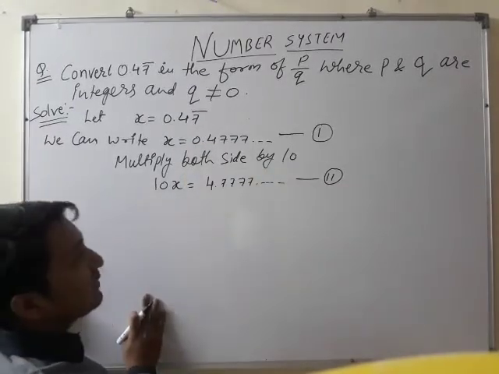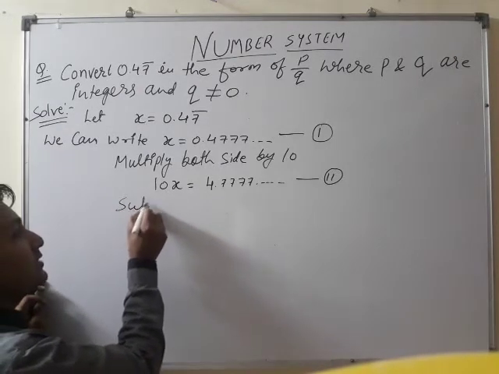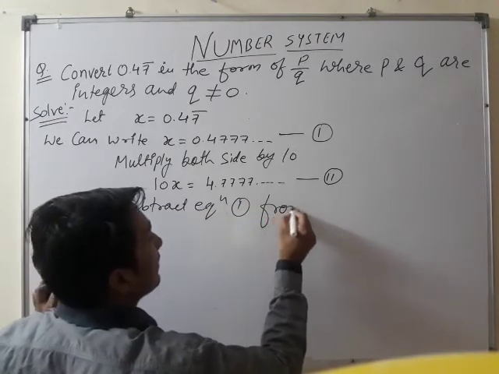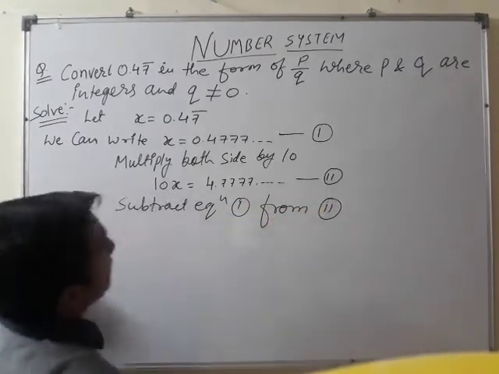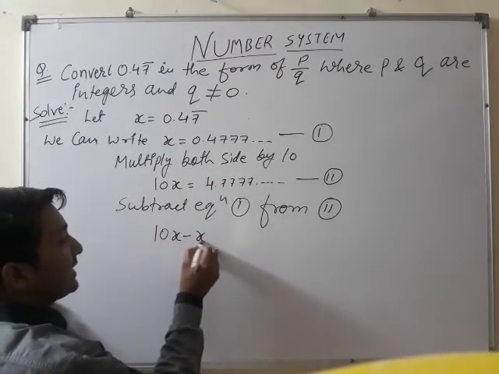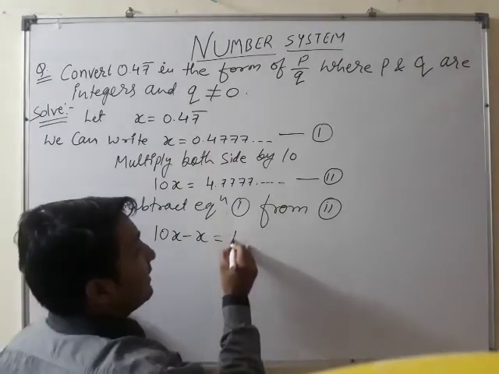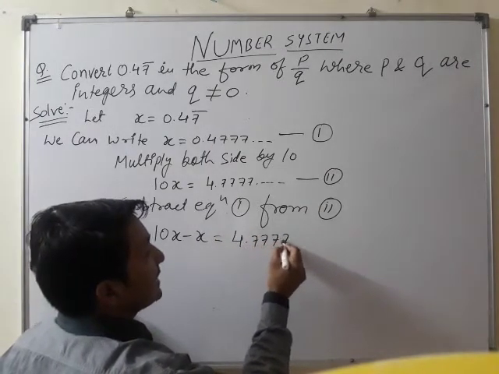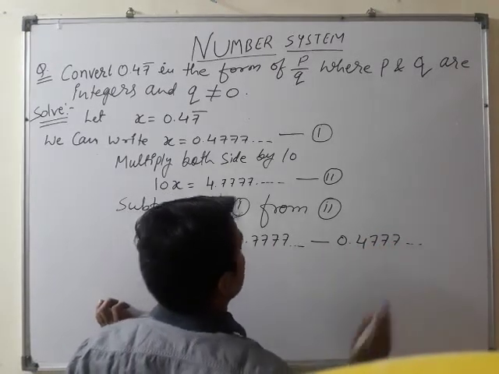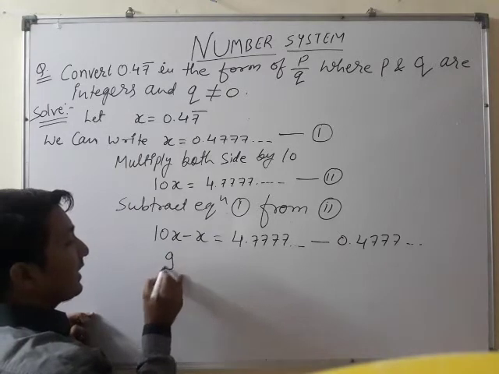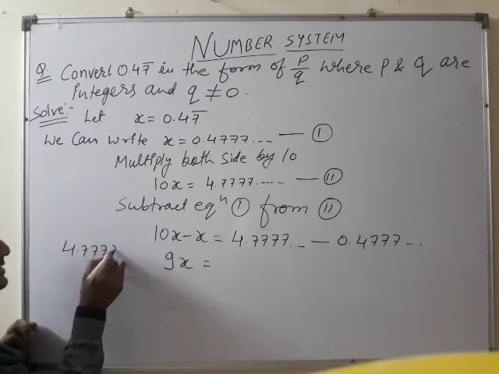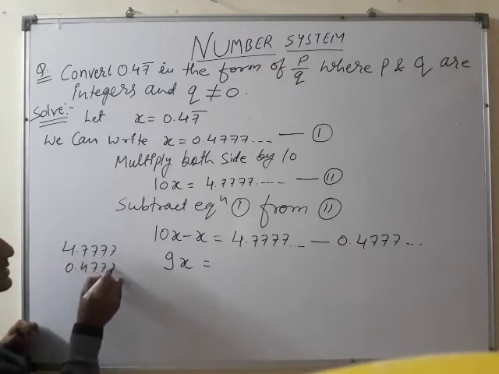Now the next step is we have to subtract equation number 1. Subtract equation 1 from 2. So 10x minus x is equal to this side, 4.7777 minus 0.4777. 10x minus x will be 9x, and you can subtract this number, 4.7777 minus 0.4777.